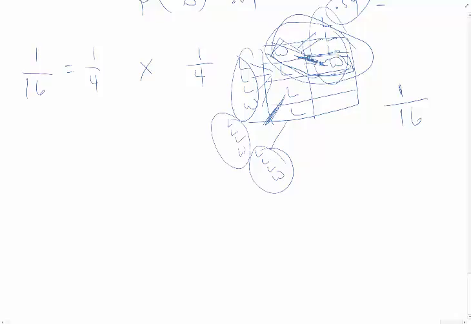Well, the one will be 6%, the other is 6%. So just like we did up here, you multiply them and you get 0.0036.